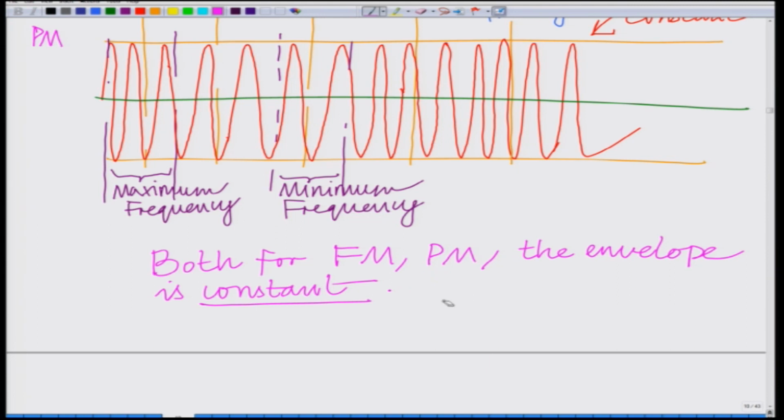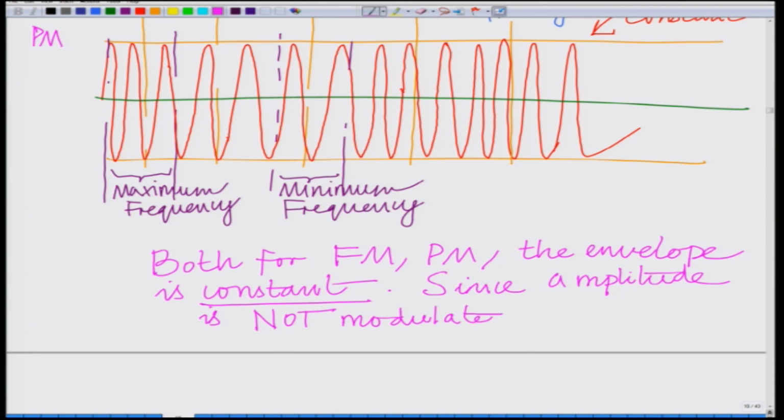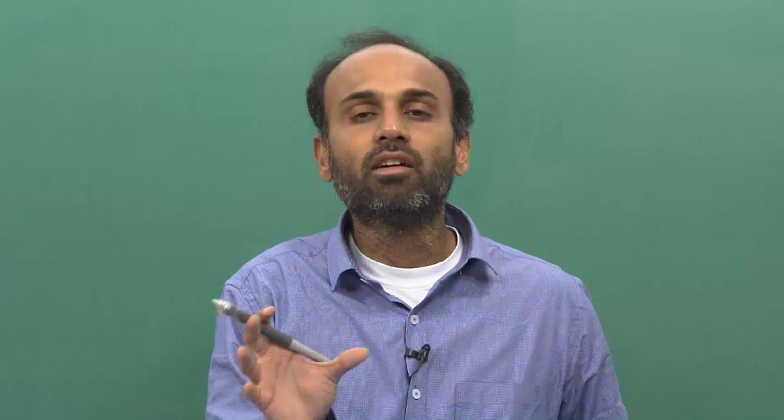Since amplitude is not modulated, the envelope is constant, it is just that the frequency or the phase varies according to the message signal.